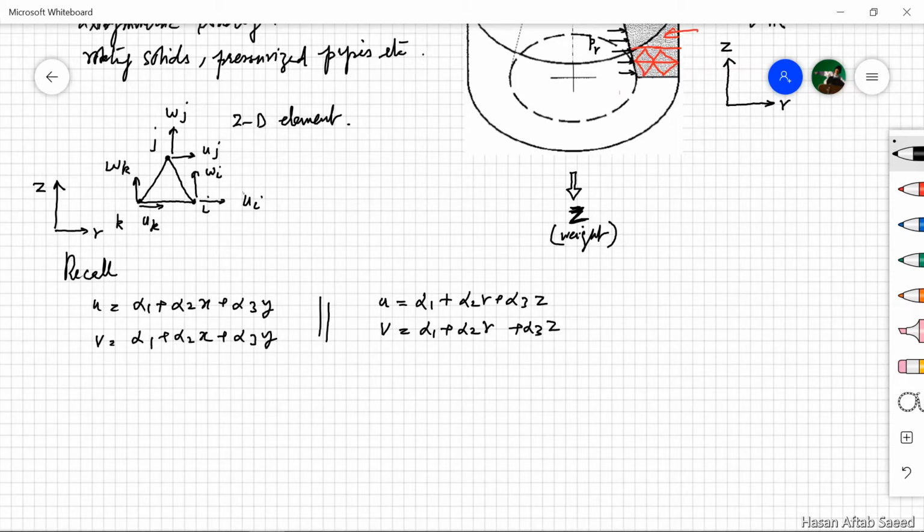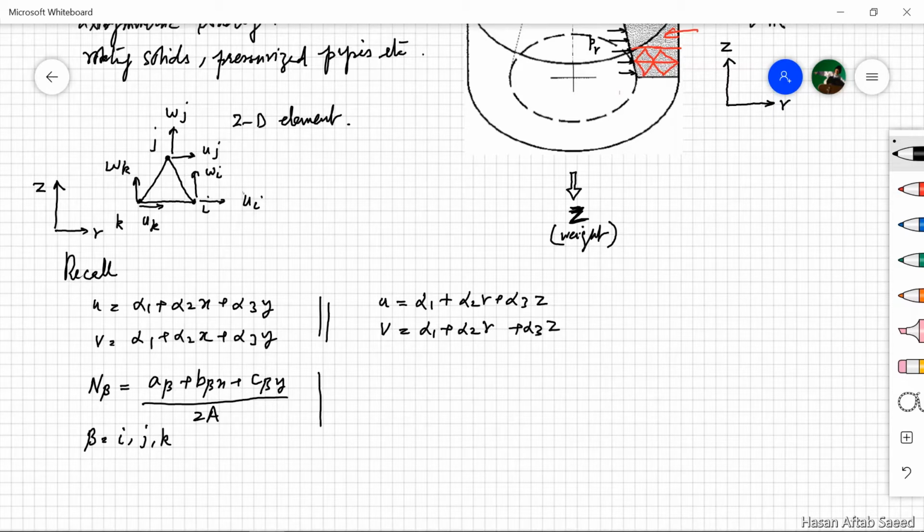Recall that the generic expression for the shape function was given, where beta took the form i, j and k.